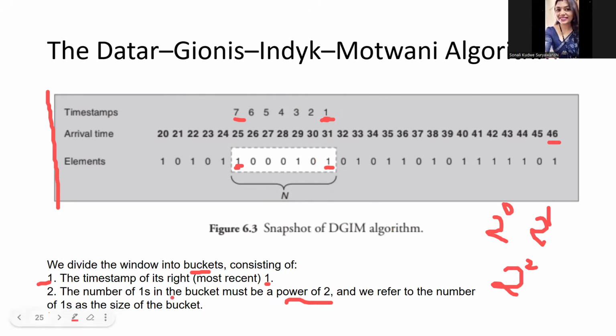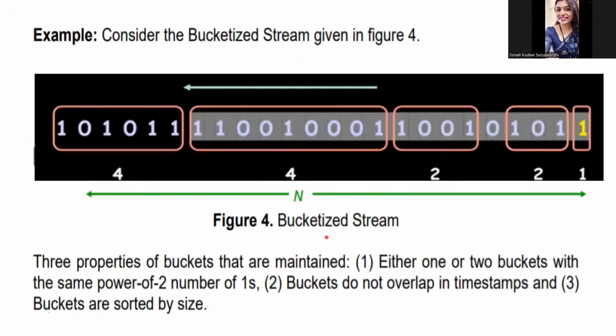We refer to the number of ones as the size of the bucket. Whatever number of ones you are capturing in that bucket will be considered the size of that bucket. Now, a few more characteristics you need to remember.